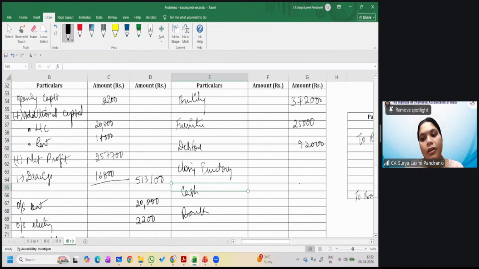Cash is 5,300 and with the bank 87,000. The bank is 87,000. Cash is 5,300. Okay.